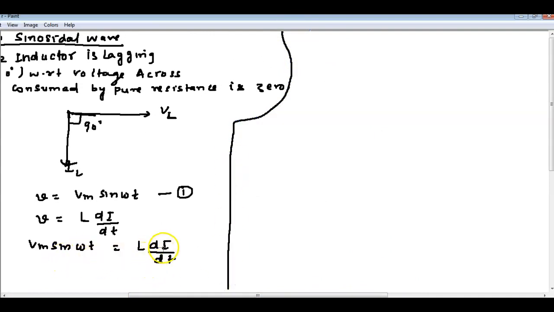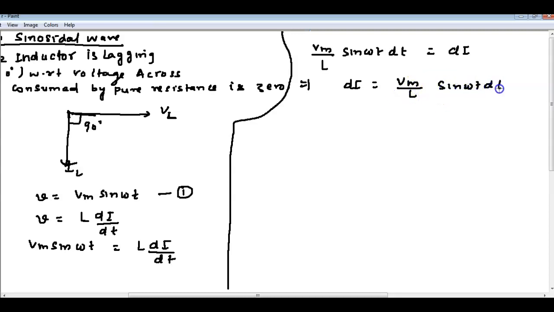If you cross multiply, we can write Vm by L on this side, sine of omega t dt, and on this side only di. Also we can write di is equal to Vm by L sine of omega t dt.